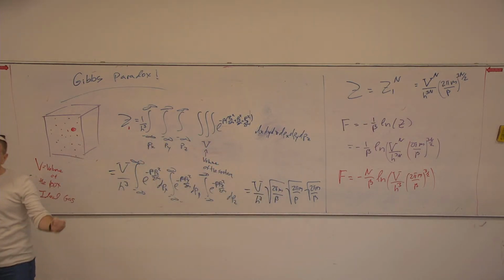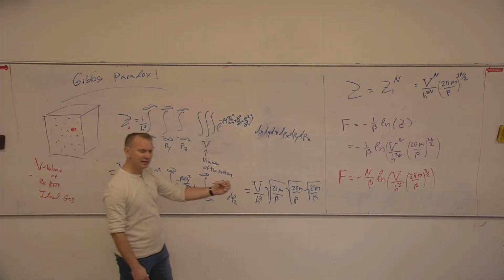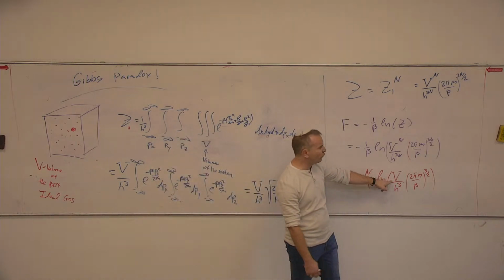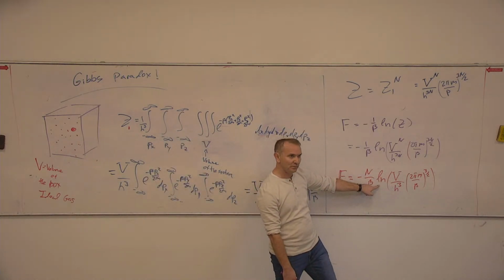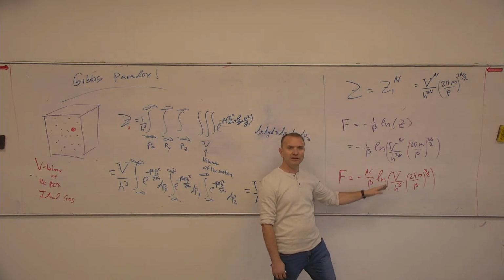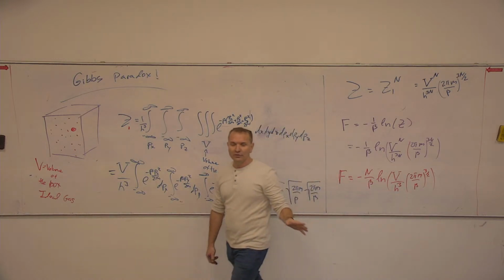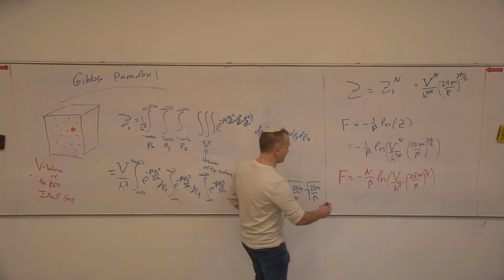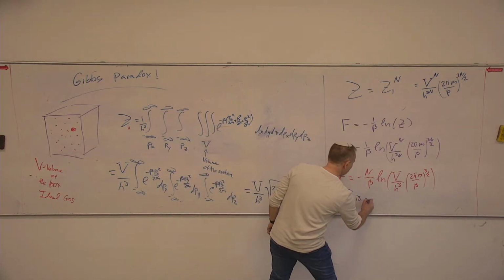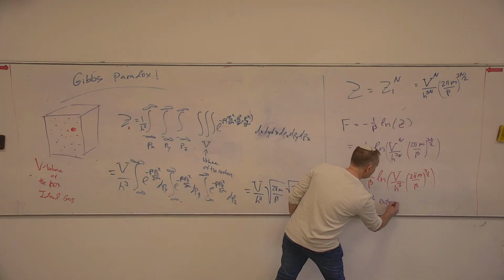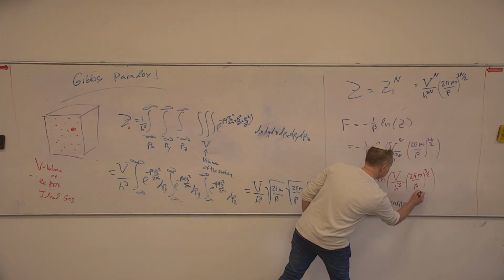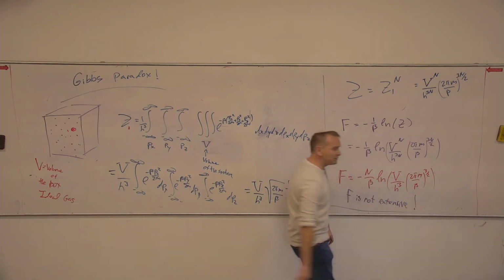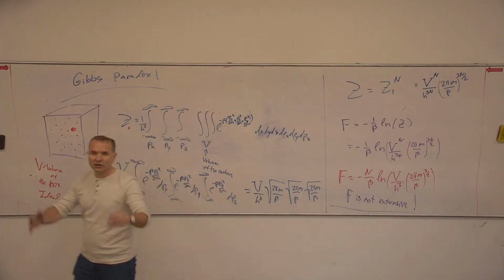No. The moment that I have this logarithm, with this volume sitting inside it, not divided by n, not divided by anything, this means that F is not extensive. It's a huge problem.